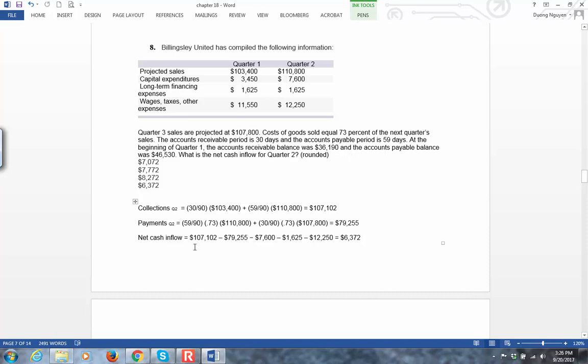So in quarter 2, about collection, which is the inflow, the receivable period is 30 days.